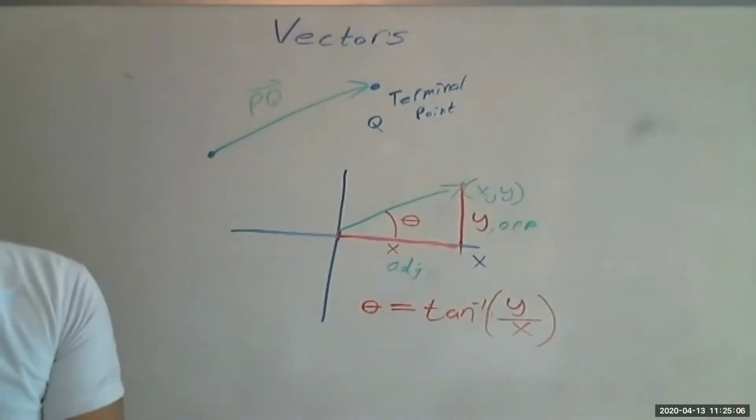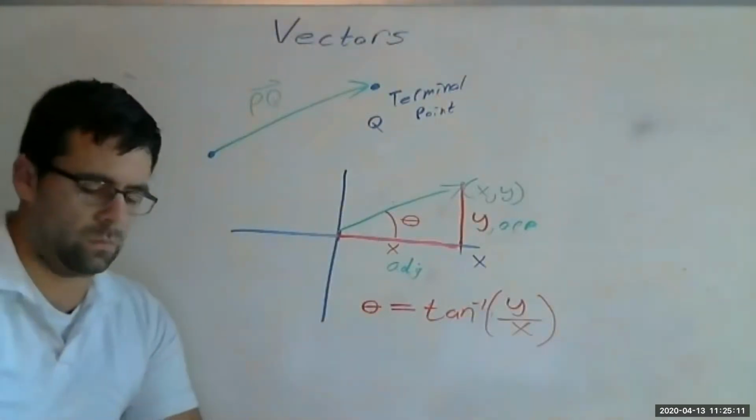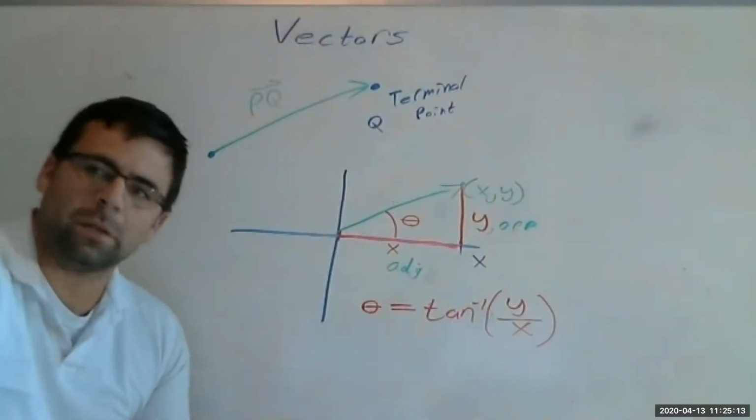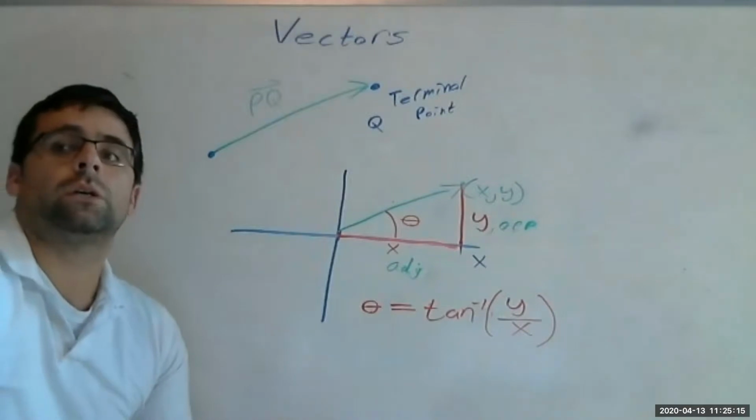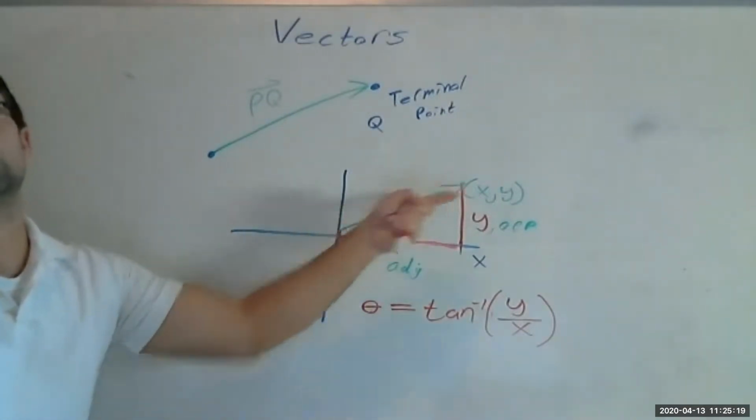So this is what I meant by it's similar to the slope, because what would the slope of this arrow be?